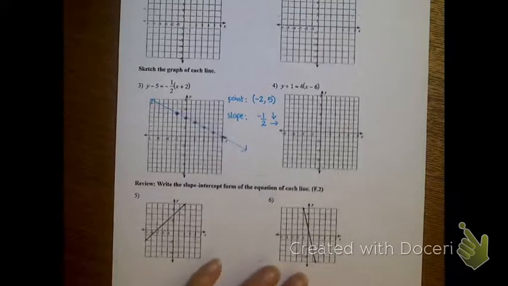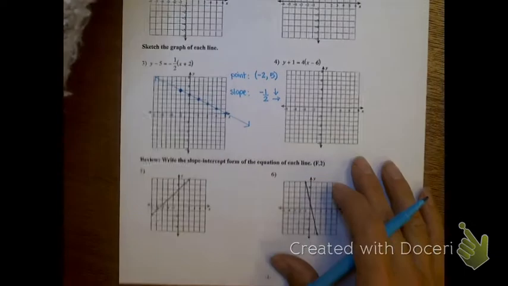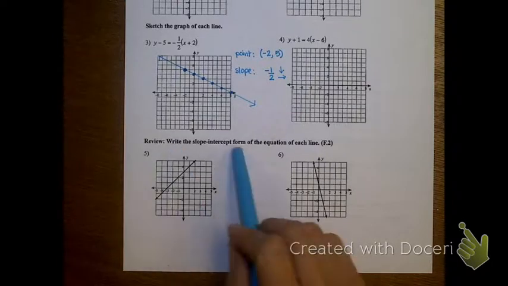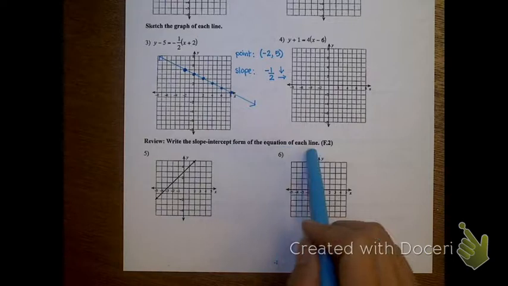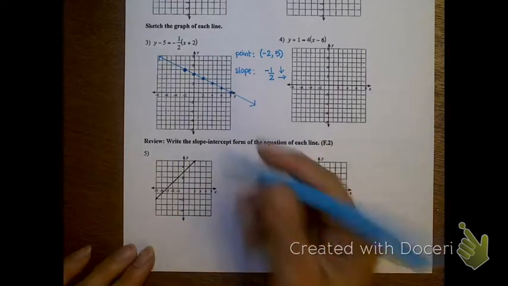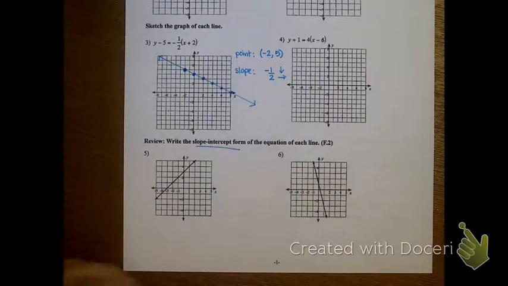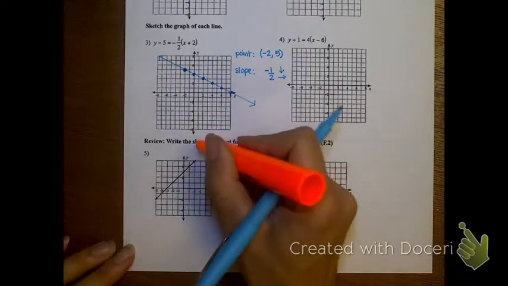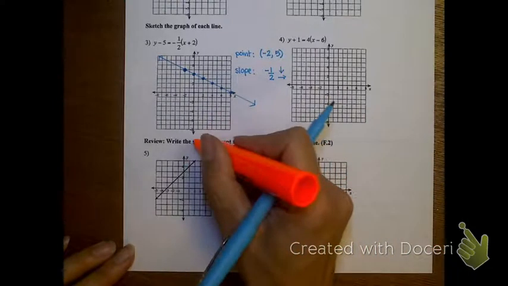So let's take a look at number 5. Problem number 5. What does it say it wants you to do? Yeah, we want to write the slope-intercept form. Now, it's really important that you guys are reading the instructions on all of these because it's going to specify what form it wants you to write the equation in.